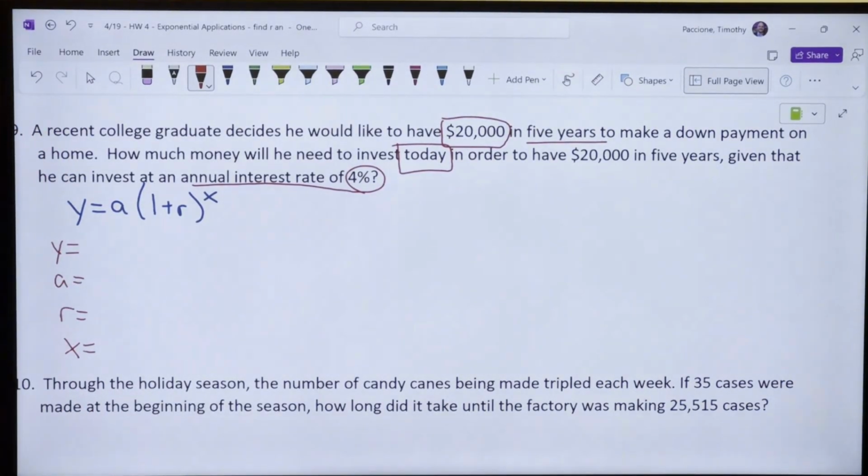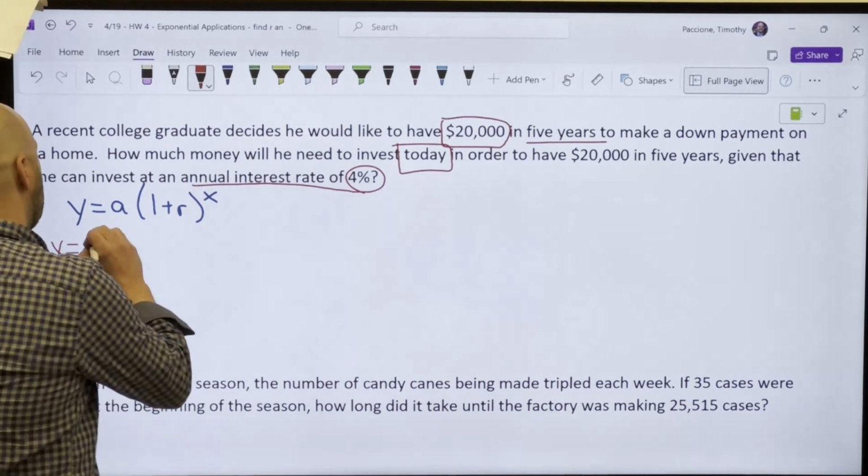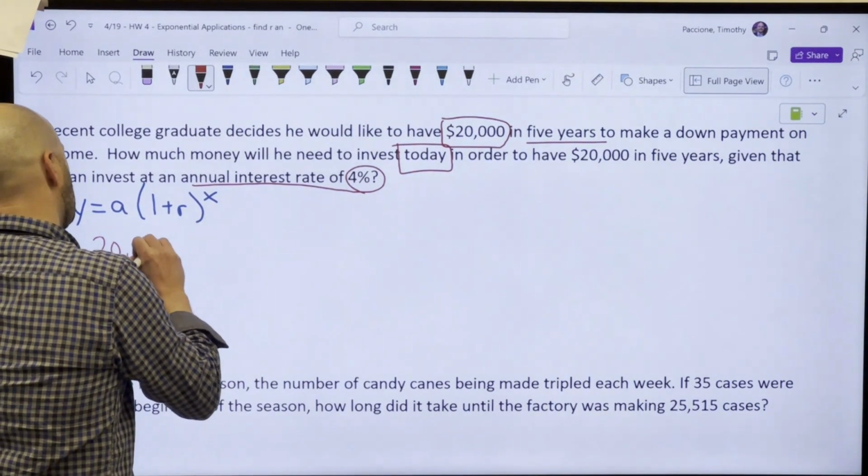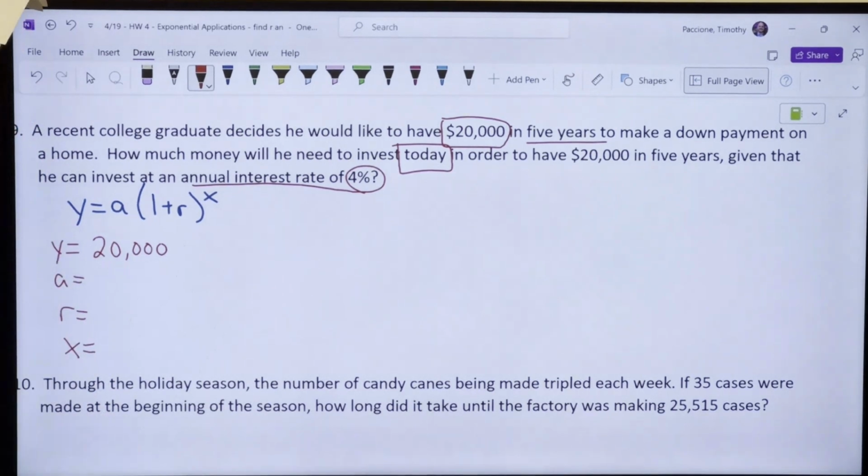Y is the amount at the end of the situation. Do we know that? Yes, he wants to have $20,000 at the end. A is the amount to start with. Do we know that? No, it's asking that: how much money does he need to start with in order to do this?